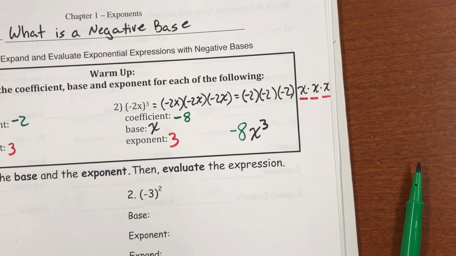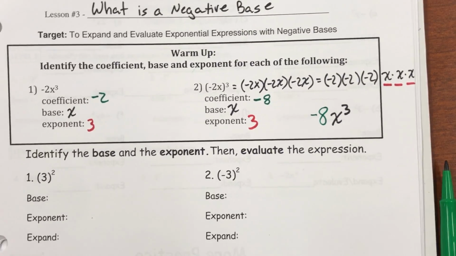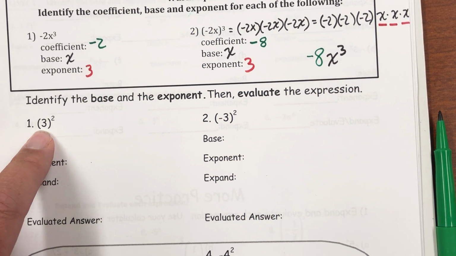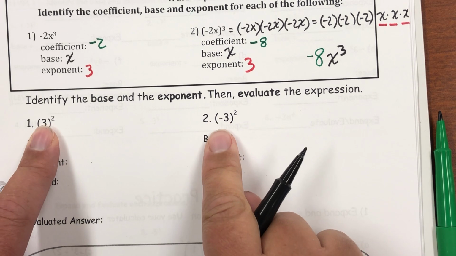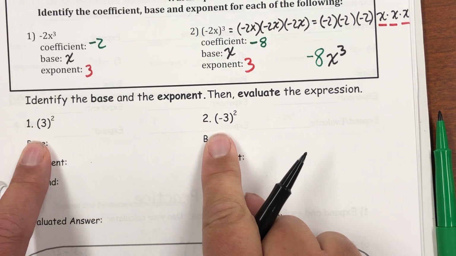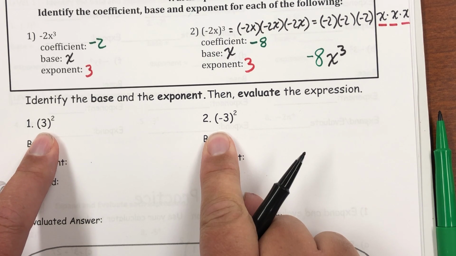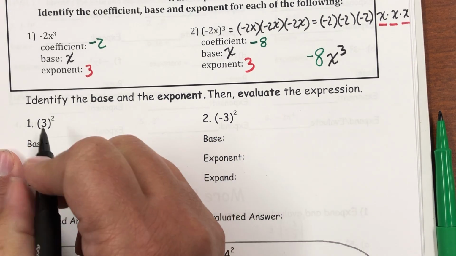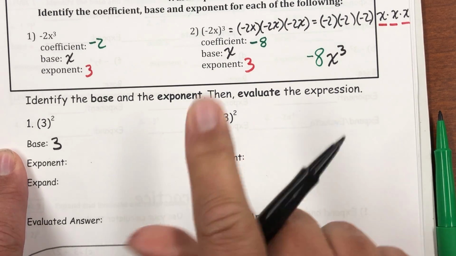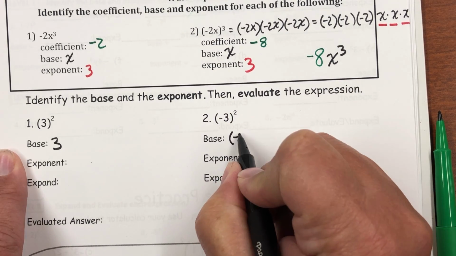So let's talk about these two problems here. First, what's the difference? Parentheses 3 squared, parentheses -3 squared. Here, my base is 3. But here, my base is -3.